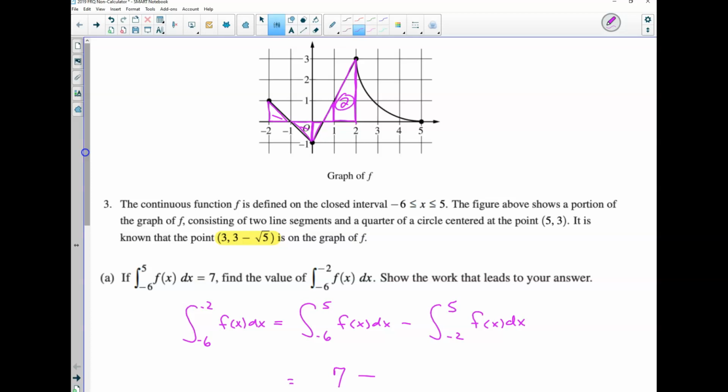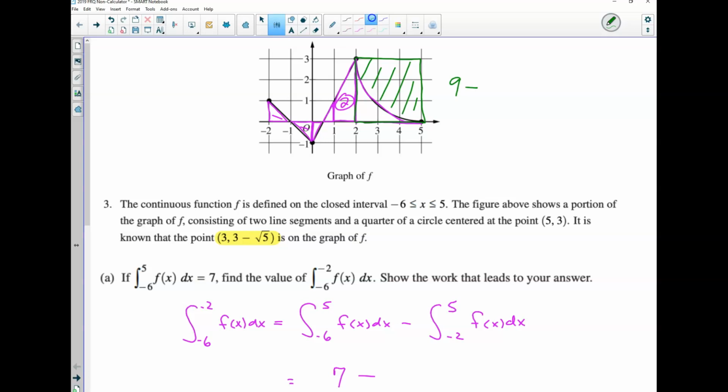And then to get this guy underneath here, we really need to picture a square of area 9 minus this quarter circle. The quarter circle has radius 3, so the whole circle would be 9 pi.